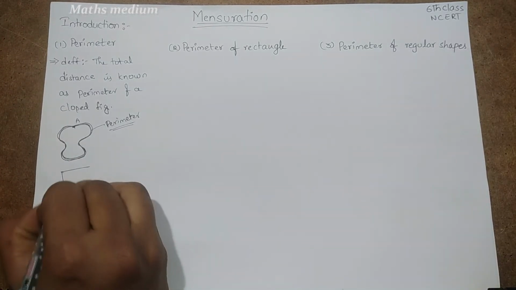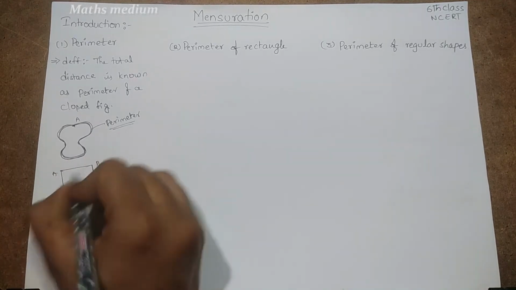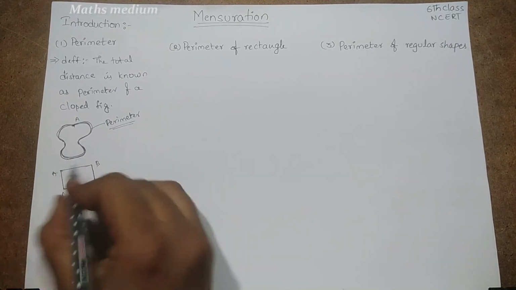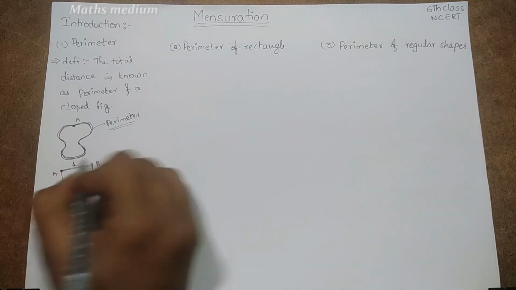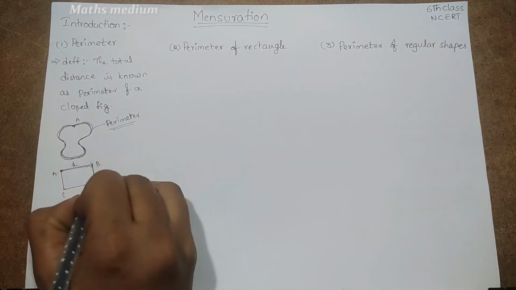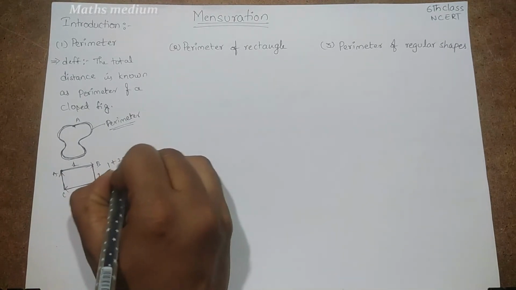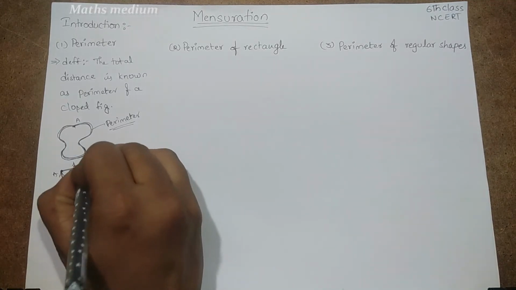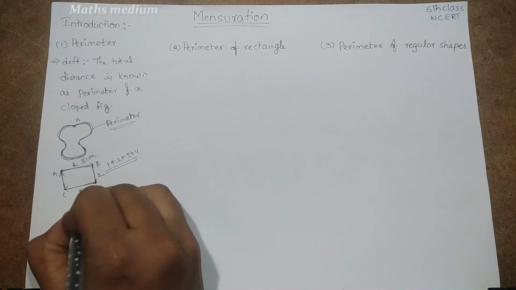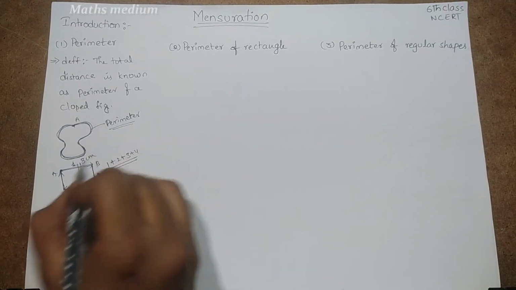And if you take a square or a rectangle, A, B, C, D. Now you start from A and count it as 1, this as 2, this as 3, and this as 4. 1 plus 2 plus 3 plus 4 we have to count. Here 1 is 3 centimeters, and 3 is also 3 centimeters, because in a rectangle opposite sides are equal.